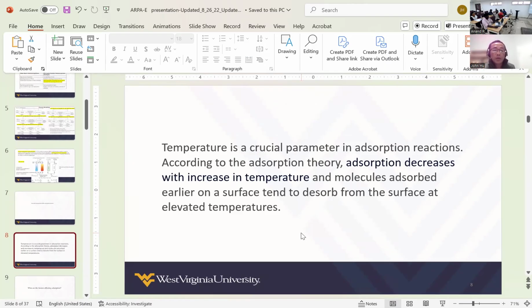Increased pressure doesn't help if the solid sorbent temperature is high, because they try to push the ammonia out. So you need to keep the solid sorbent at a relatively lower temperature, so ammonia can adsorb on the surface.